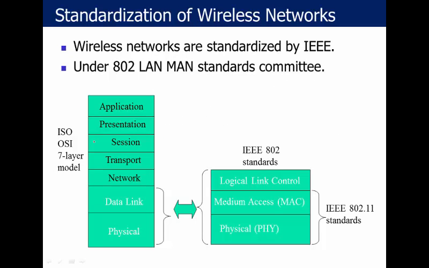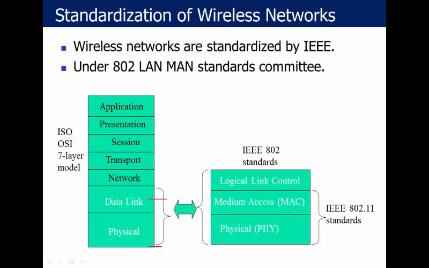So let's compare the 802.11 standards with the ISO OSI 7-layer model. IEEE is in another layer. If you look at the 7 layers from application to physical, the concern in IEEE 802.11 is a little bit of the data link layer and the physical layer.